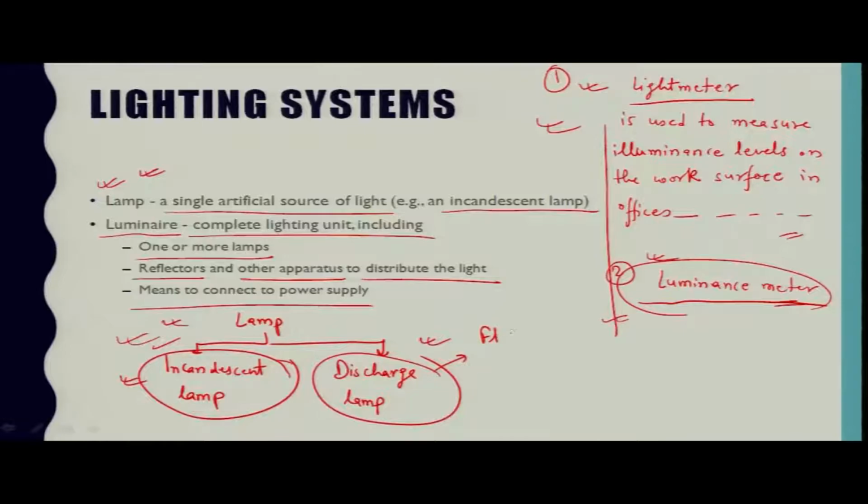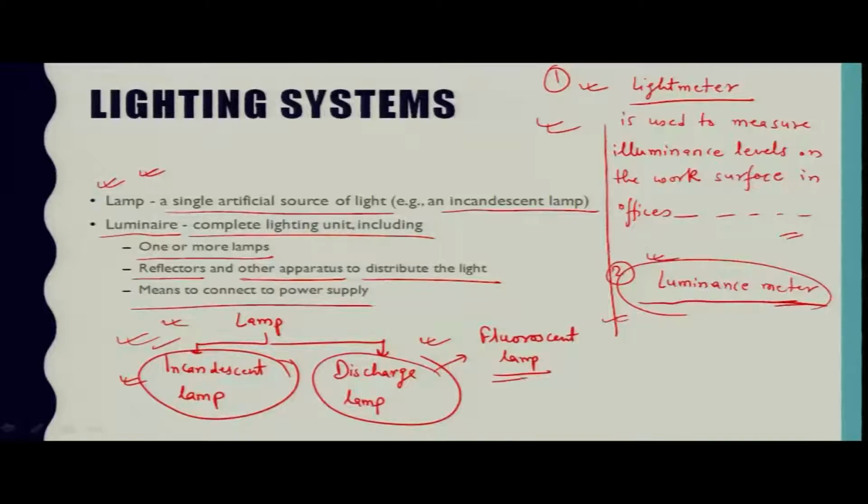The most common discharge lamp is the fluorescent lamp, usually in the form of a glass tube whose inner surface is coated with fluorescent material, and which contains mercury vapors whose bombardment by electrons causes light emission.